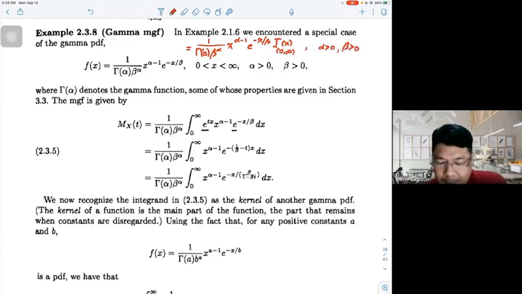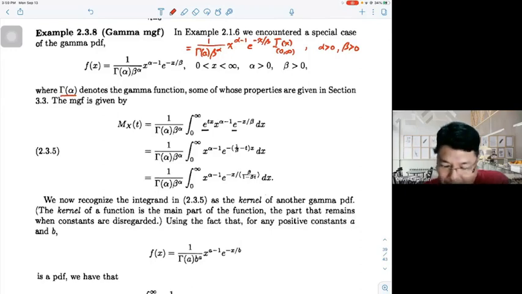Okay, so this is the gamma function, gamma of alpha. And then if we're going to take now the moment generating function, by the way, our goal here is to determine the moments of our random variable x, some moments of our random variable x. So just to illustrate, let's find first the moment generating function of x.